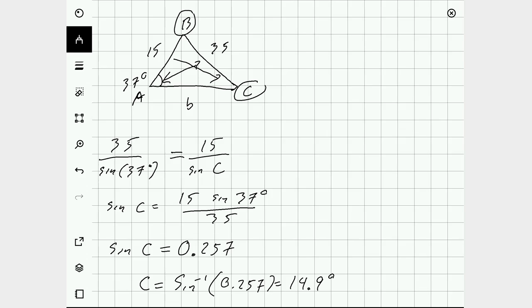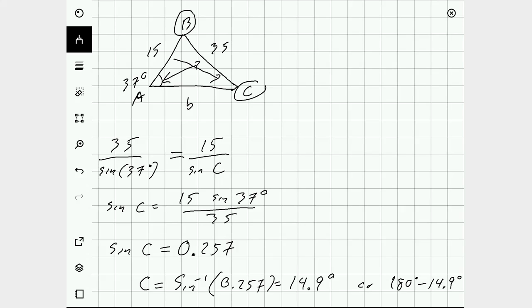Once again, though, we're going to run into trouble because it turns out, for reasons that we'll talk about later on this semester, that when you are dealing with sine, it's possible that this angle is not talking about an acute angle, but talking about an obtuse angle. It could be that the angle you're talking about here is 180 degrees minus 14.9 degrees.